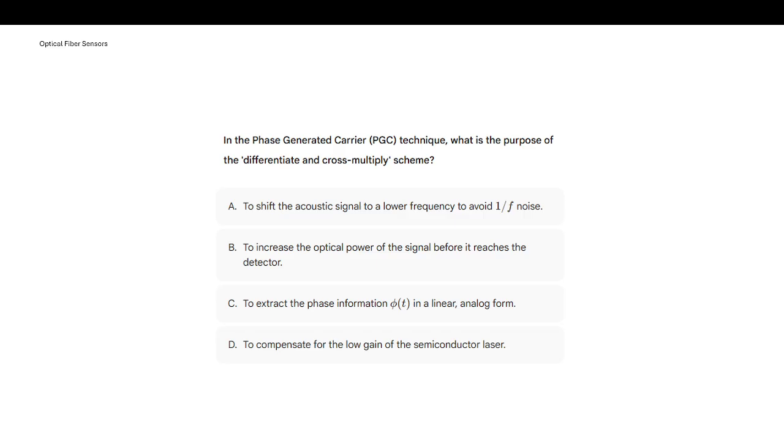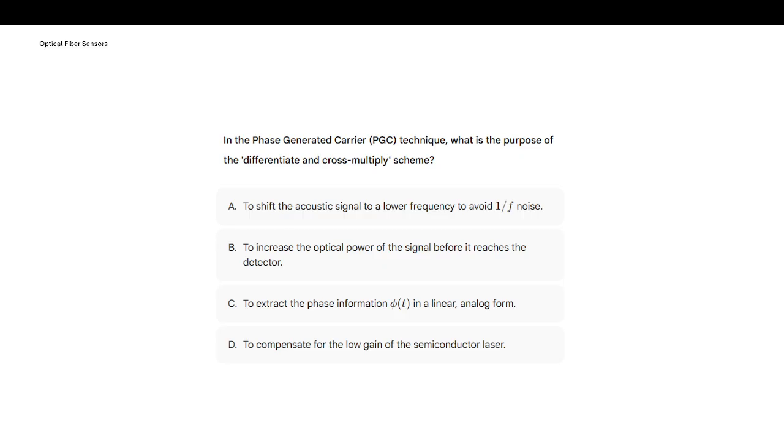Moving towards the next question: in the phase generated carrier PGC technique, what is the purpose of the differentiate and cross multiply scheme? Option A, to shift the acoustic signal to a lower frequency to avoid 1/f noise. Option B, to increase the optical power of the signal before it reaches the detector.